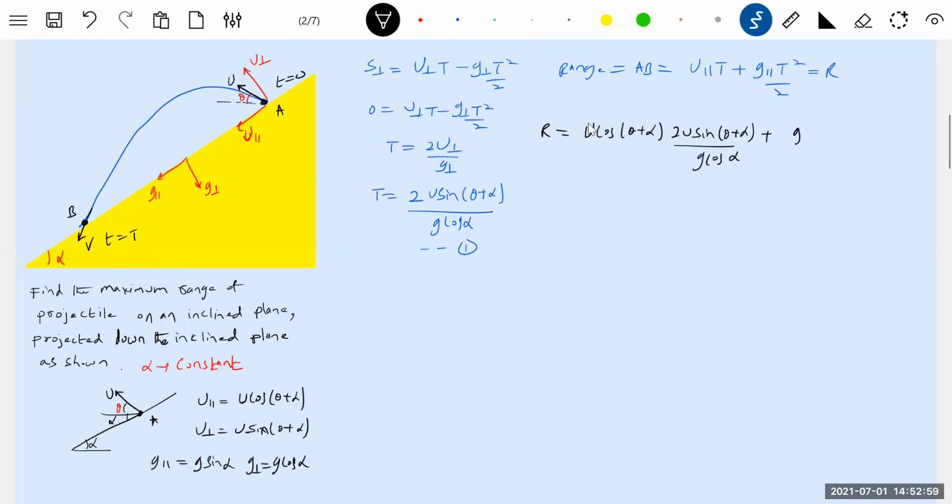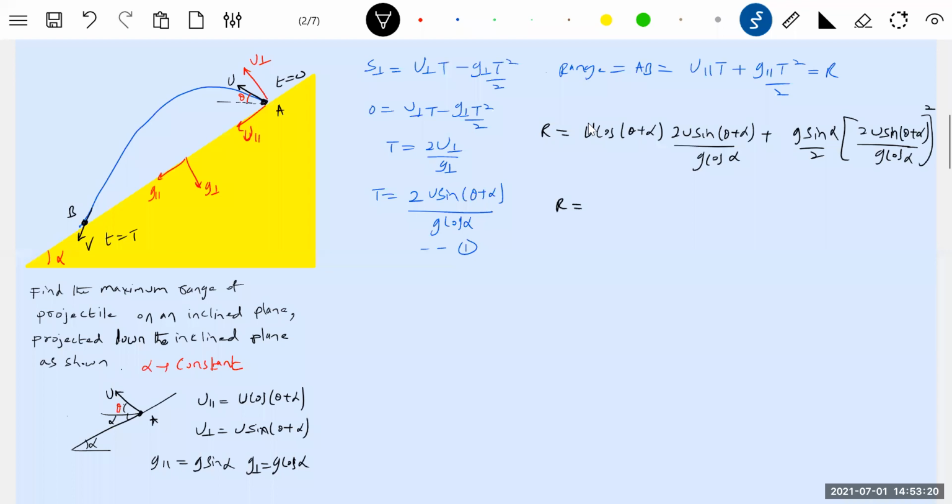G parallel will be G sine alpha. There won't be much difference, you see that one, only the signs will change.